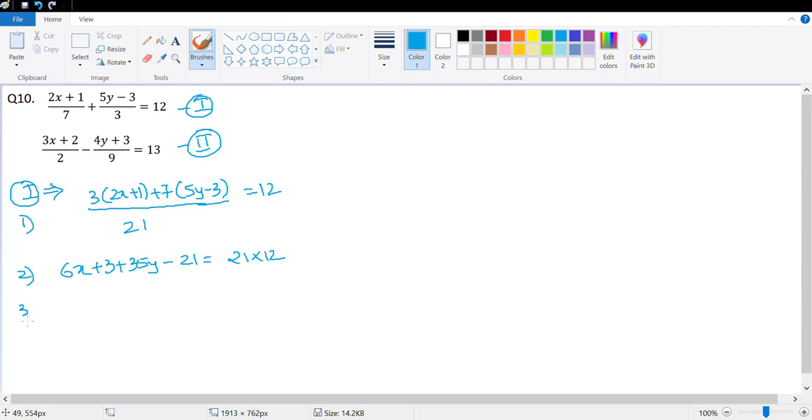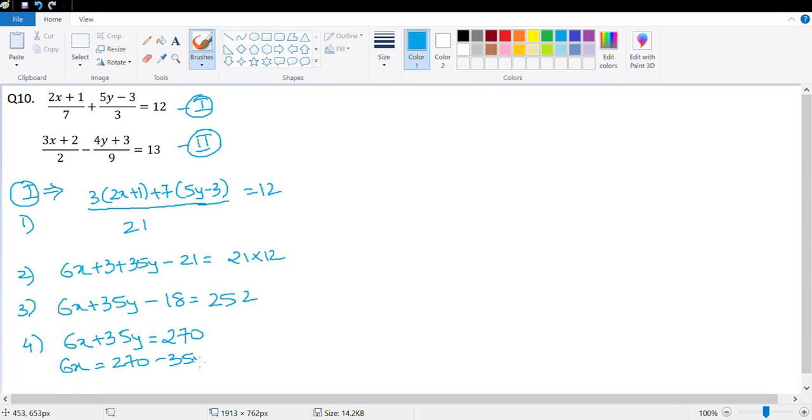So now let's see what we get. 6x plus 35y minus 18, 21 into 12, that's 252, which means 6x plus 35y is equal to 252 plus 18, that's 270, which means 6x is equal to 270 minus 35y.